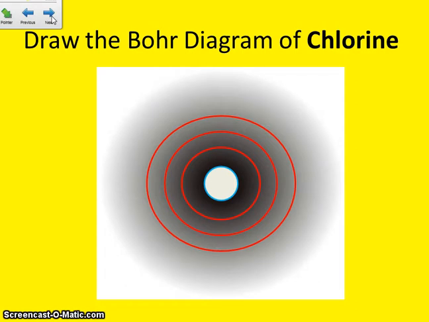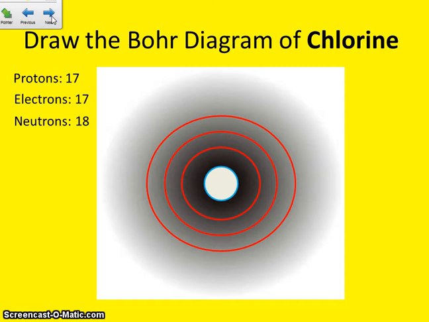All right, so chlorine has an atomic number of 17. 17 protons, 17 electrons. The mass number for chlorine is 35, which means your protons plus your 18 neutrons need to be 35.